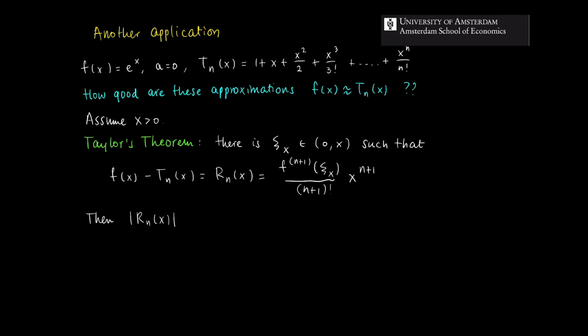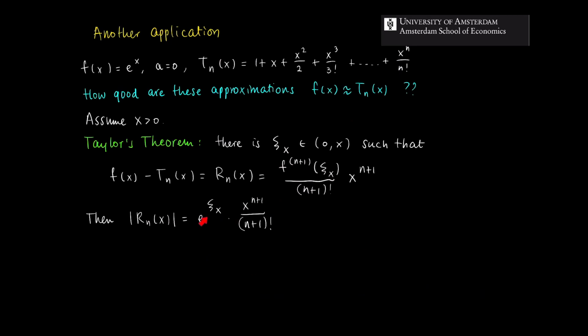Let's look at the absolute value of the difference between f and its nth order Taylor polynomial evaluated at some x. Then we get e to the power psi of x times x to the power n plus 1 divided by n plus 1 factorial. We can leave out the absolute value signs here, since x is positive, due to our assumption that we are looking for values of x that are positive.